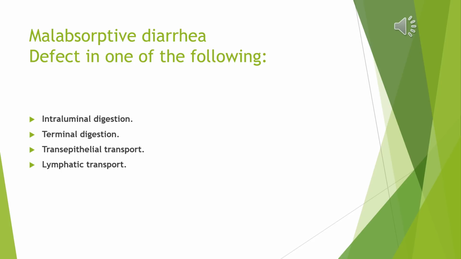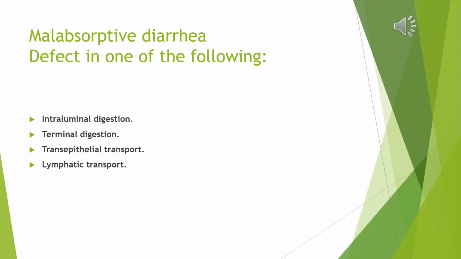like lactase deficiency. The other defect is in the transepithelial transport of the nutrients through the epithelial cells in order to reach the other side, or the vascular side. And the last defect is in the lymphatic transport of the absorbed lipids, because absorbed lipids usually are transported through the lymphatics to the systemic circulation.